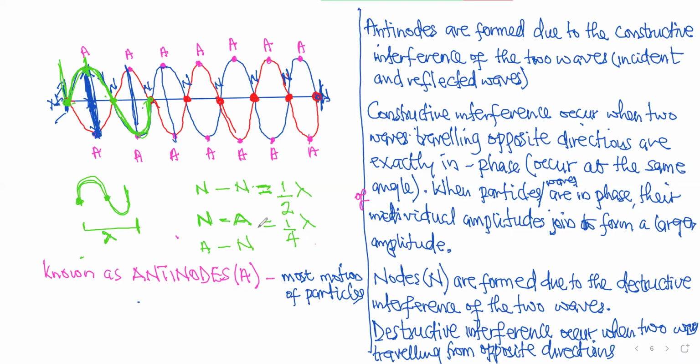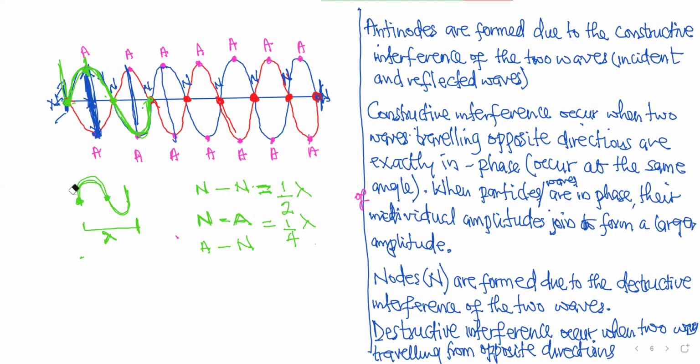It will also be quarter lambda. Now, what is the wavelength from antinode to the next antinode? From antinode to another antinode, what is the wavelength? Half lambda. That is also half.